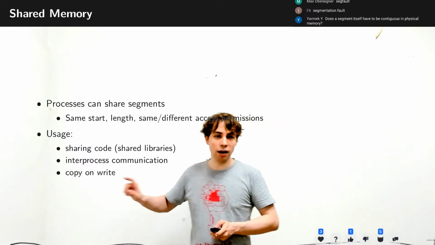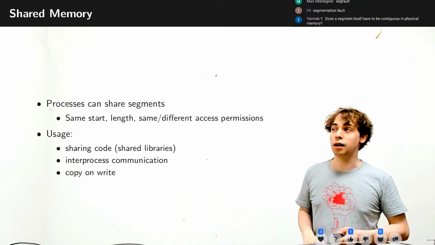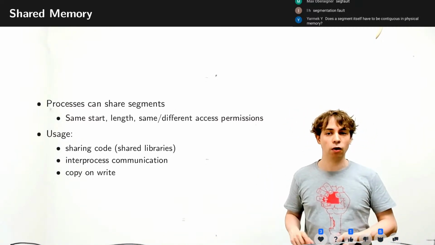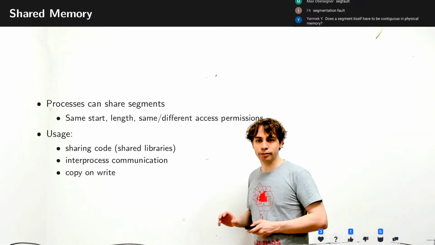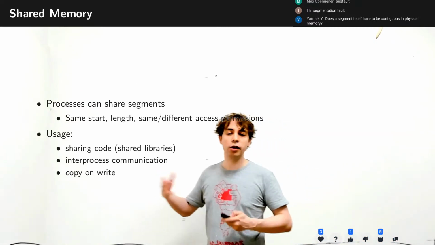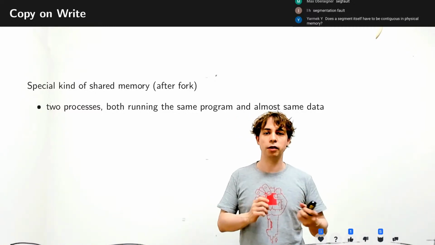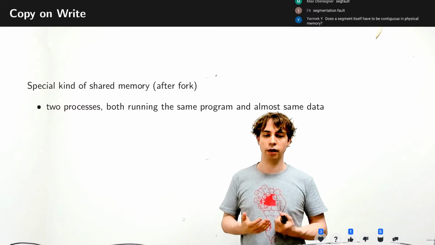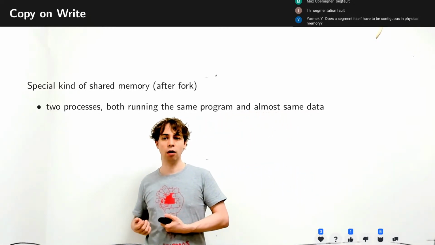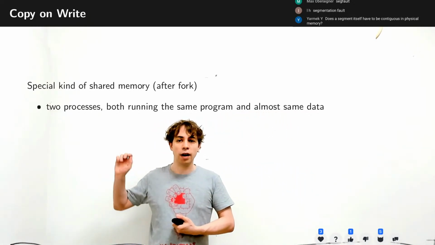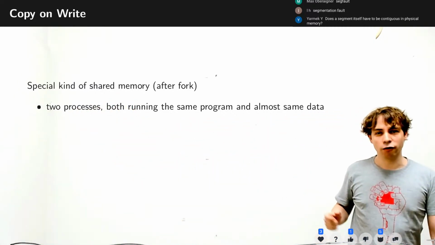Or another mechanism, and we will talk about that more today or maybe next week, because tomorrow we will talk about the first assignment. That's copy on write. We will go through copy on write very briefly now, but in more detail as soon as we have understood paging, because then we can build a more powerful version of copy on write. Copy on write is a special type of shared memory, and you might know this already from fork.